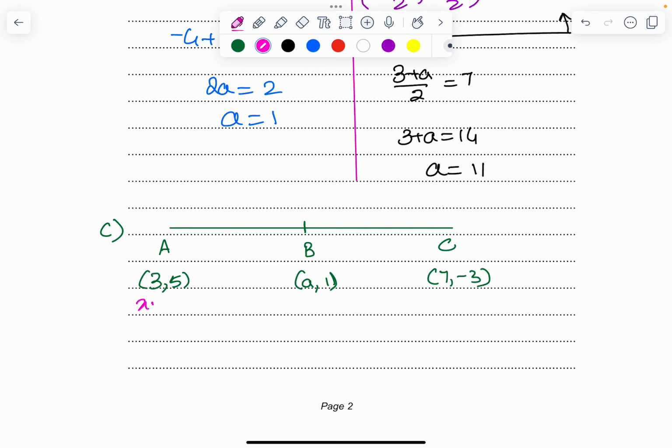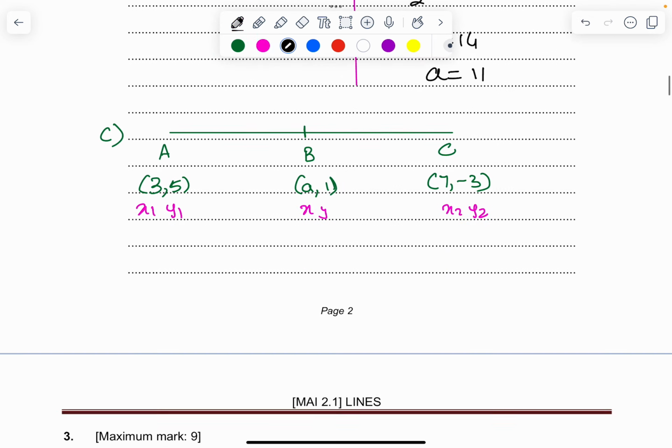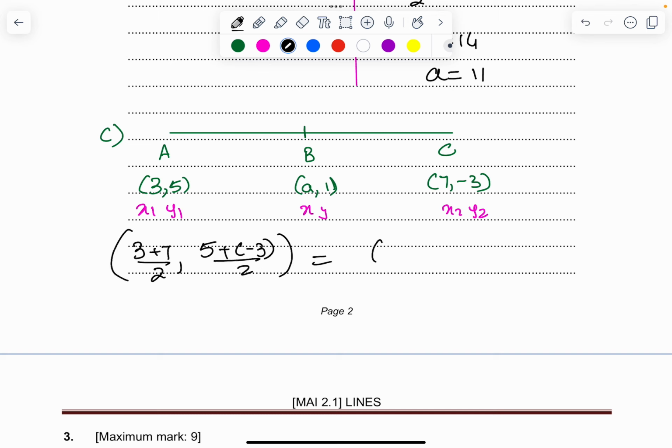So this becomes x1, y1, x2, y2, and x and y. (x1 + x2)/2, (y1 + y2)/2 should be equal to a, 1. So equate these both. 10 by 2 equals a, which makes a equals 5.